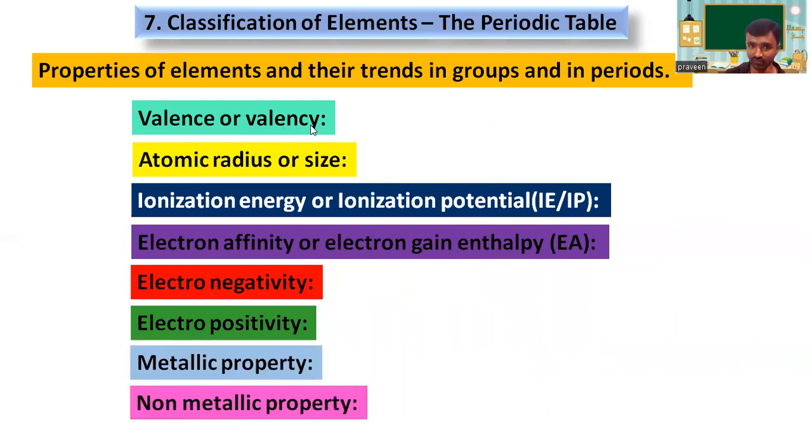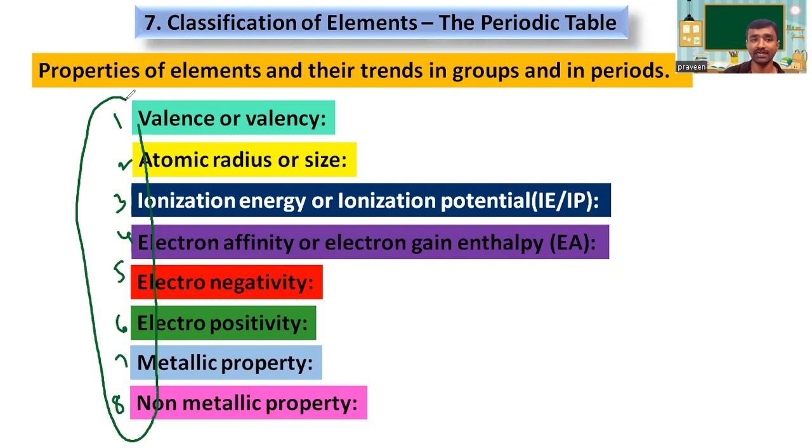Count them. How many are there? 1, 2, 3, 4, 5, 6, 7, 8. So 8 properties are there. These 8 are called periodic properties.